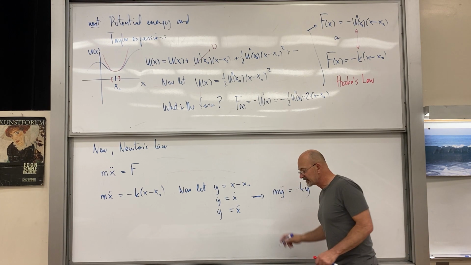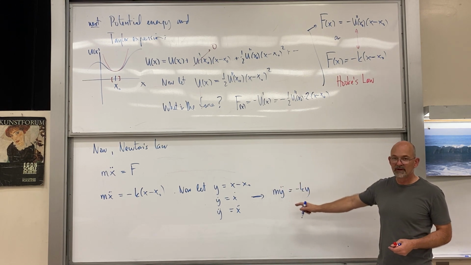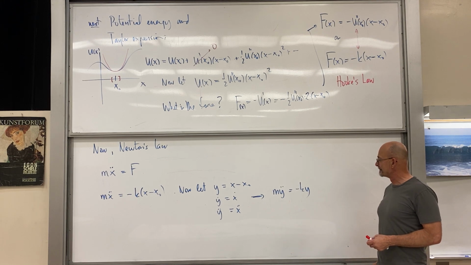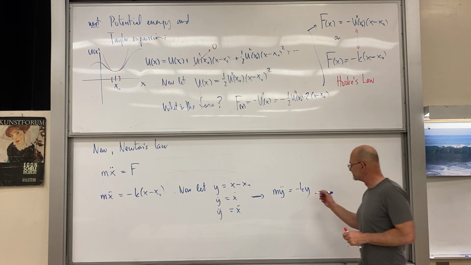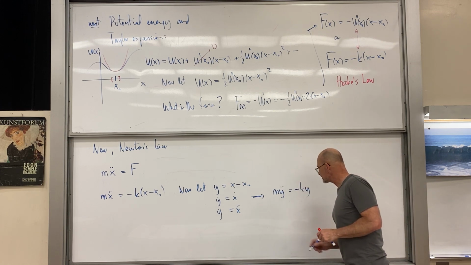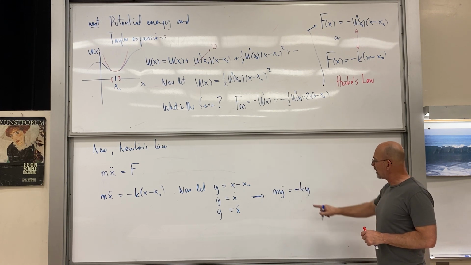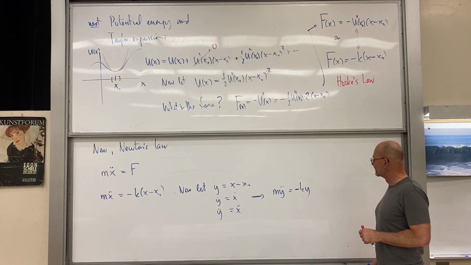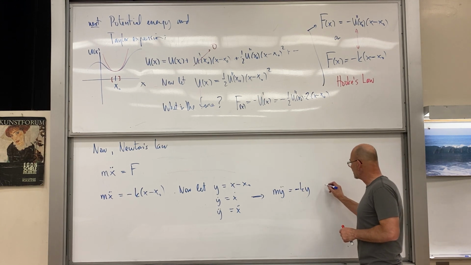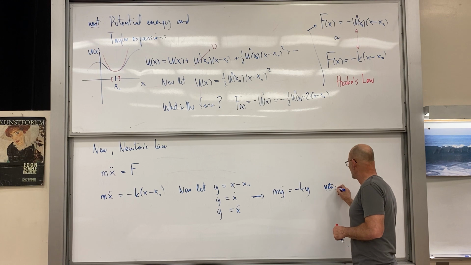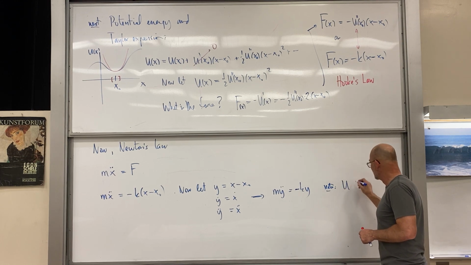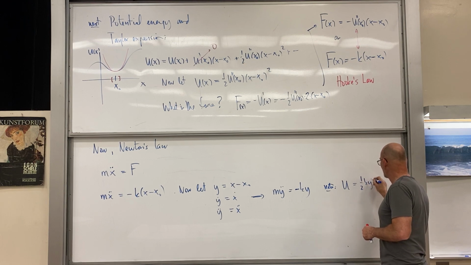And of course, this is what we have already solved. So we've solved this before. I'll even put a note here: this was u equals 1/2 k y squared.